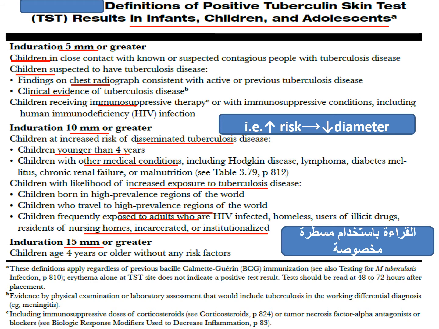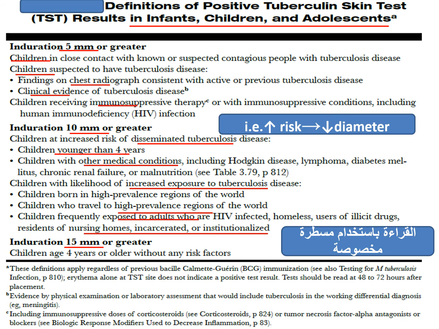Of course, as we said, reading the result is by a special ruler, which we saw in the last slides. Another remark on this table: with increased risk, we decrease the diameter of the positive test. We will read this table from below.